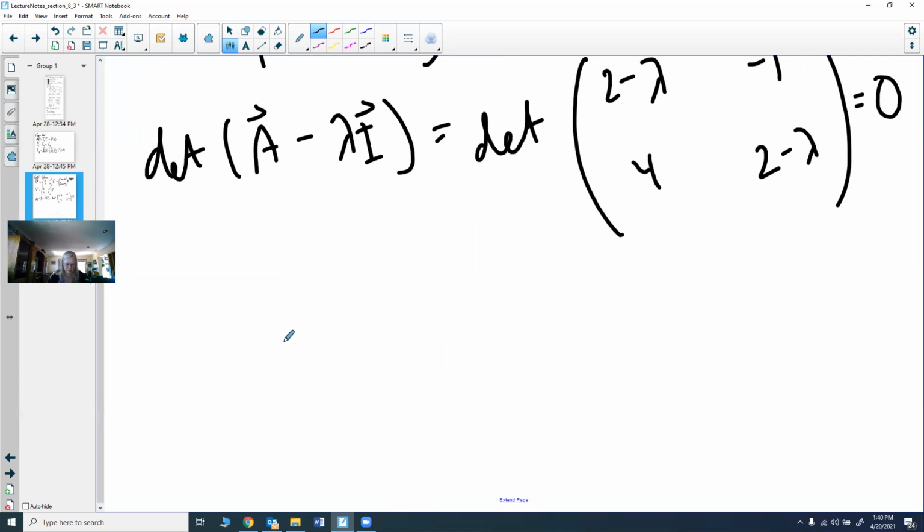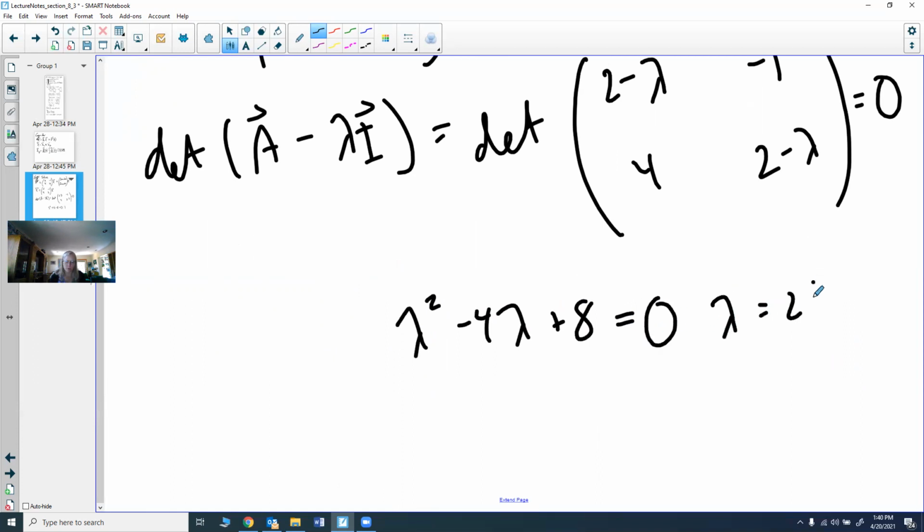Again, you can use technology if you want to, but the determinant is fairly easy to do. It's lambda squared minus 4 lambda plus 8 equals 0. So lambda is equal to 2 plus or minus 2i. Again, when we have complex answers, we're going to use the 2 plus 2i.